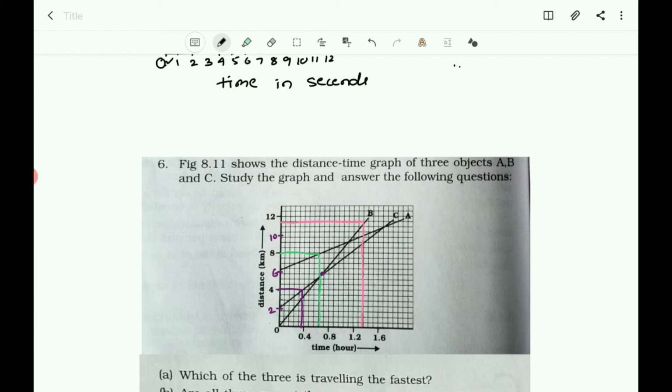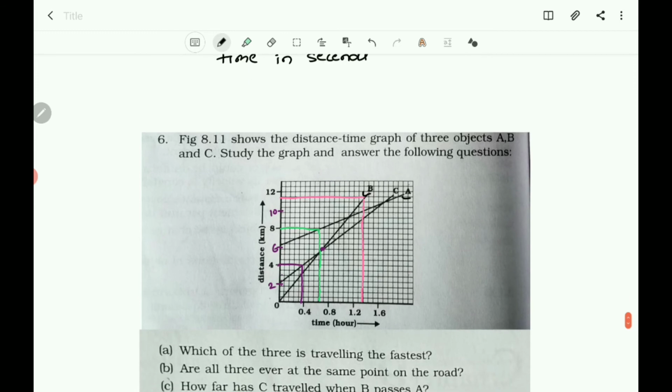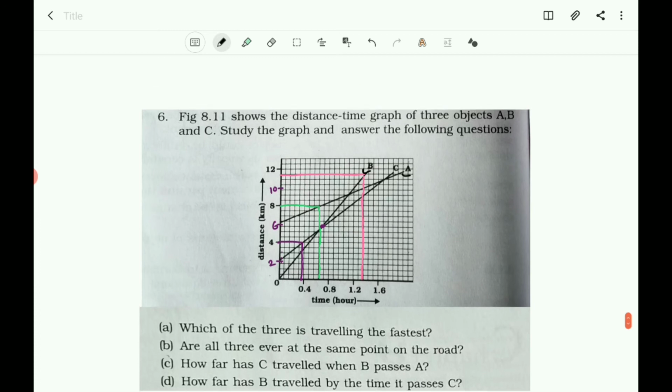Find the point at which B passes A, graph B and graph A. Here B passes A, that is the point P. This is the point at which B passes A. At that time, if you find this one, it is near about 10.